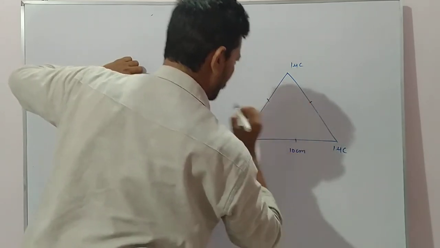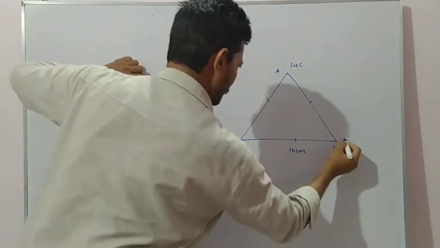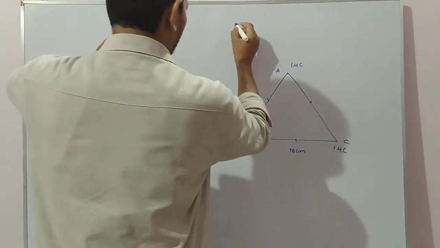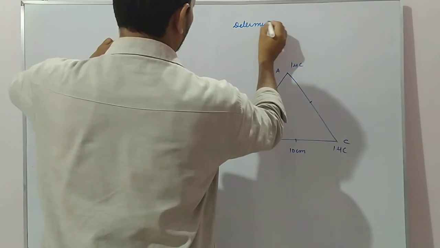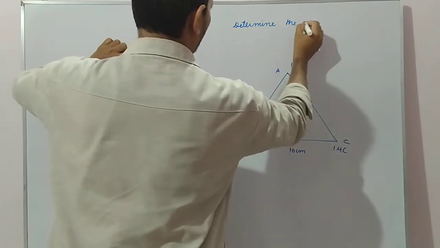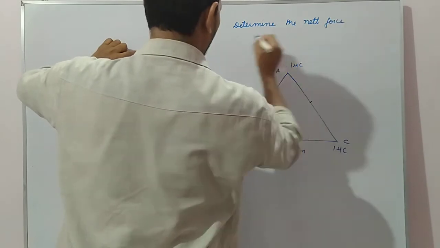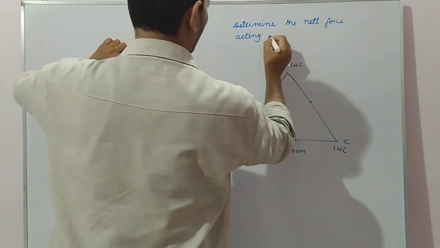This is an equilateral triangle, with vertices A, B, C. In the question it is said: determine the net force acting on A.